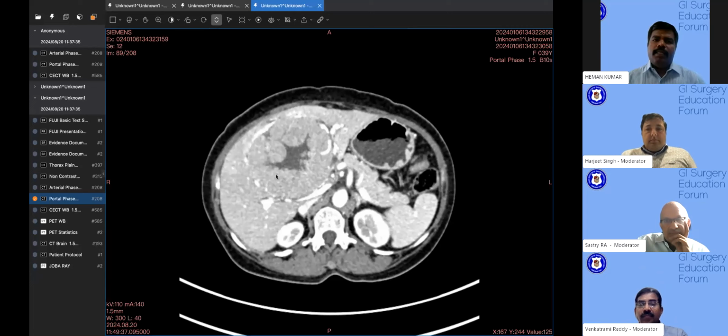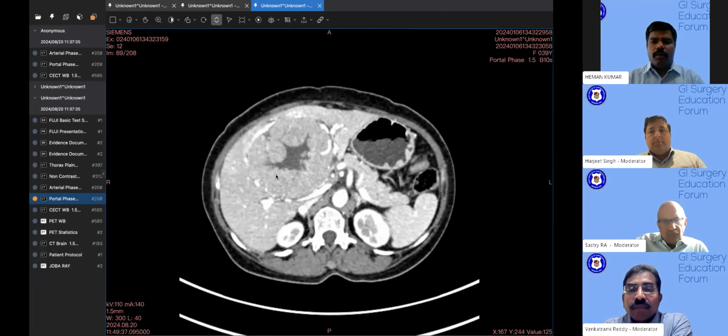Sir, HCC is predominantly supplied by the hepatic arteries. So there will be brisk enhancement in the arterial phase, sir. The question is, why is it washed out? If it is vascular and a lot of arteries are there, the contrast should have remained there. That's a typical feature of HCC, no?